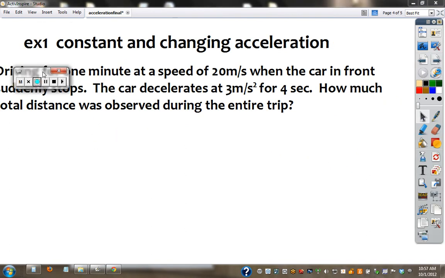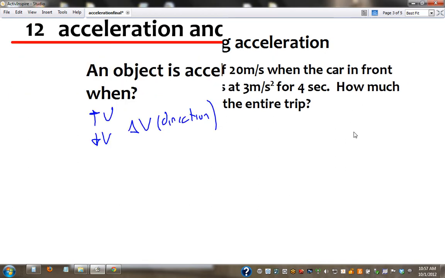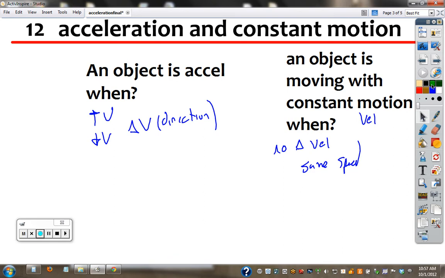So this could technically also mean it's just changing direction. So let's look at example number 1. Oh, by the way, one more thing. Here's the formulas we need for all of these. I'll do these because formulas are in green. Distance equals velocity times time, and that's constant velocity. Distance final equals distance initial plus VIT plus 1/2 AT squared.